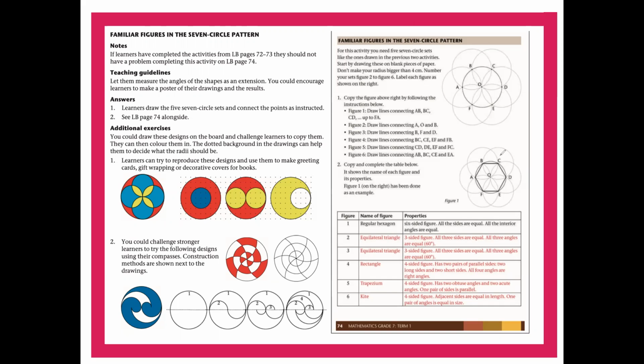Then you connect the dots to form different polygons like we noticed previously, where we could get that hexagon, which is shown over here, where it's 6 sides and all the sides are equal, as well as all the angles are equal.